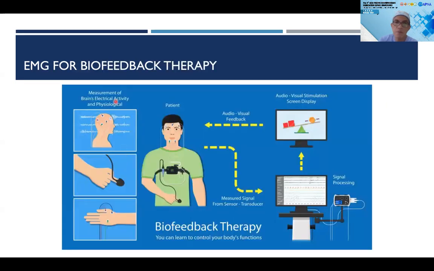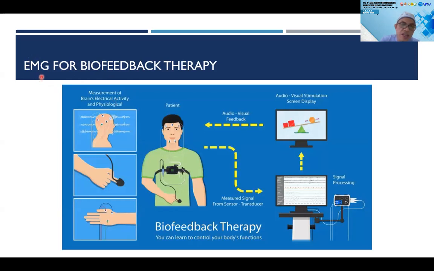My second talk is about ENMG for biofeedback therapy. We can use the ENMG machine for biofeedback therapy. Why? With ENMG, we can record the activation of the muscle, so we can give objective, detailed information to patients about the contraction of the recorded muscle.